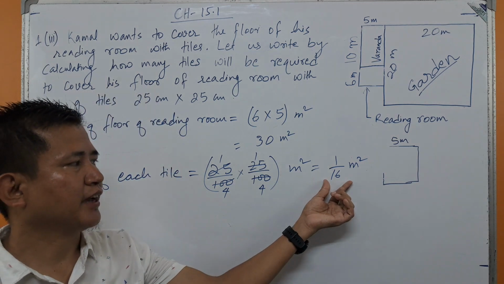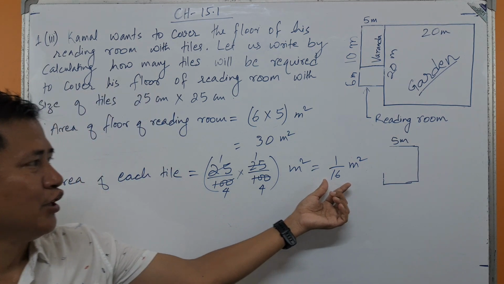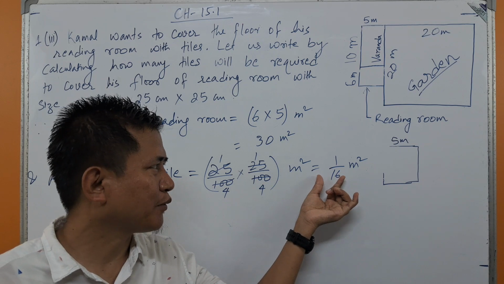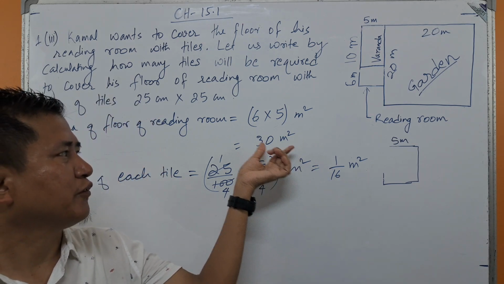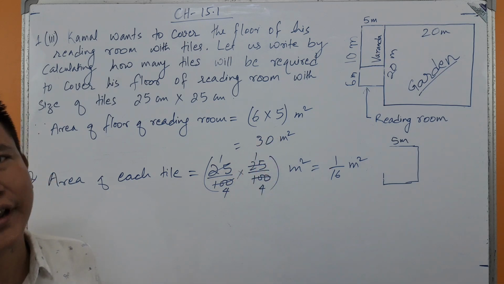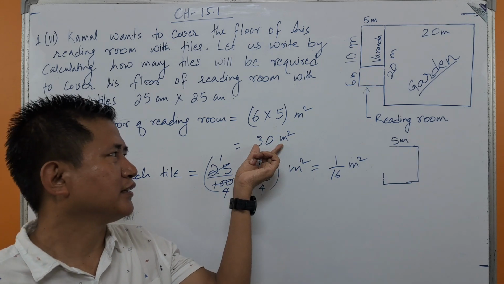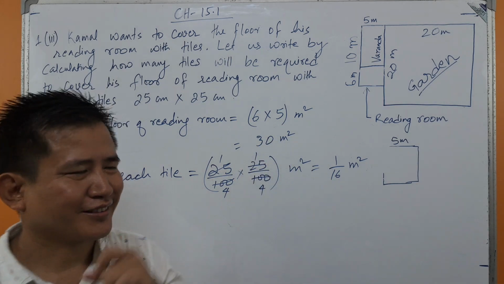So this is the area of each tile, isn't it? If the area of each tile is 1 upon 16 meter square, how many tiles will be required to cover this area? What we have to do is simply divide this area by the area of each tile, isn't it?